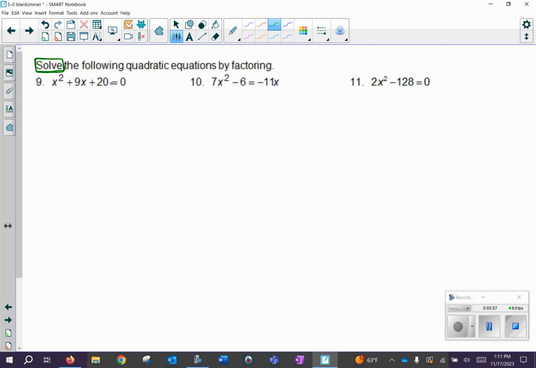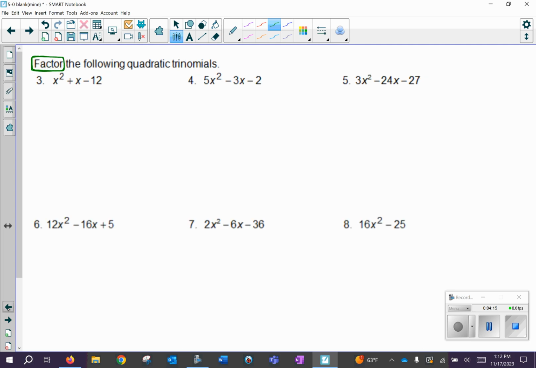Please notice on these solve ones, there's equal signs. You've been doing solving for the past 4 chapters, right? Solve, x equals what? Solve, y equals what? So maybe make yourself a note that in solve, you're going to get answers like x equals something. Versus in factor, notice there are no equal signs. Your answers will be in parentheses, okay?